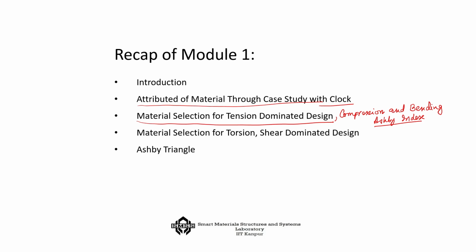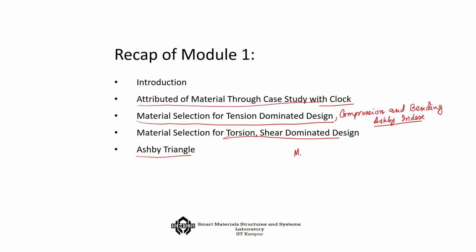Then in the last lecture, we talked about the torsion and shear dominated design part, again with corresponding material property indices. Also, I introduced to you the concept of the Ashby triangle, where I said that it is not just material.